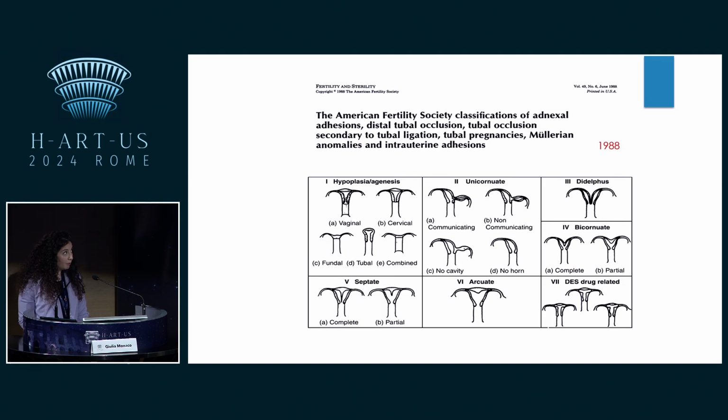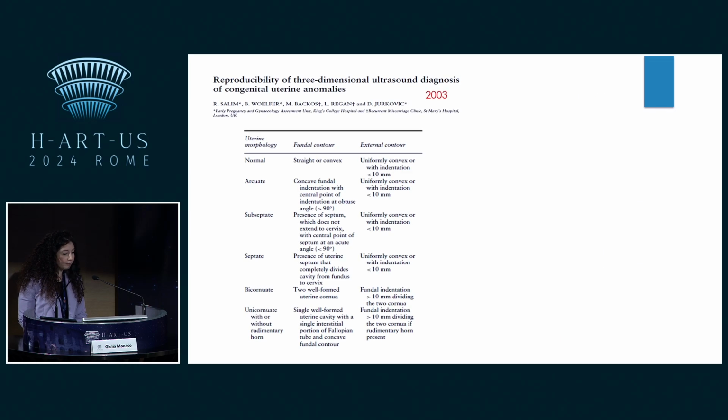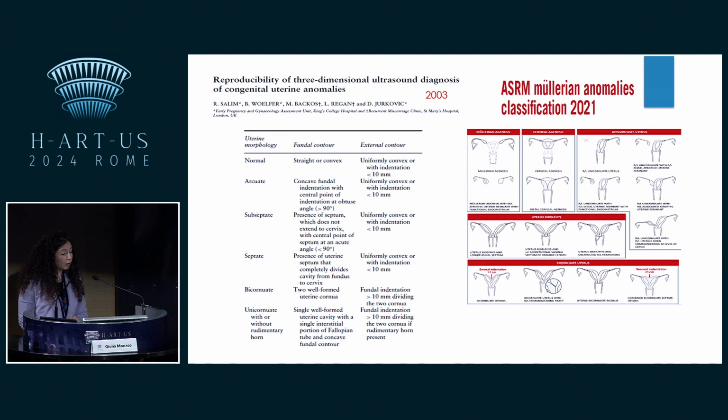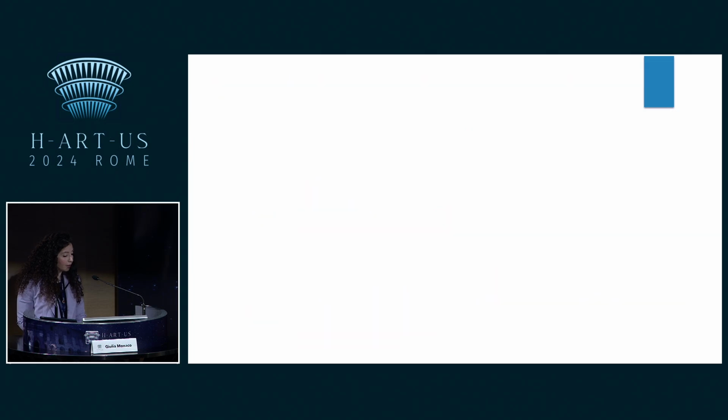Concerning the T-shape, the first time that this dysmorphic uterus is mentioned is in 1988 with the American Fertility Society classification. It is included in the 7th class, which is drug-related anomalies, so the anomalies associated with the use of diethylstilbestrol during pregnancy. In the first ultrasound classification of Salim of 2003, but also in the most recent ESHRE/ESGE... rather, ASRM Mullerian anomalies classification of 2021, dysmorphic uteri are not mentioned.